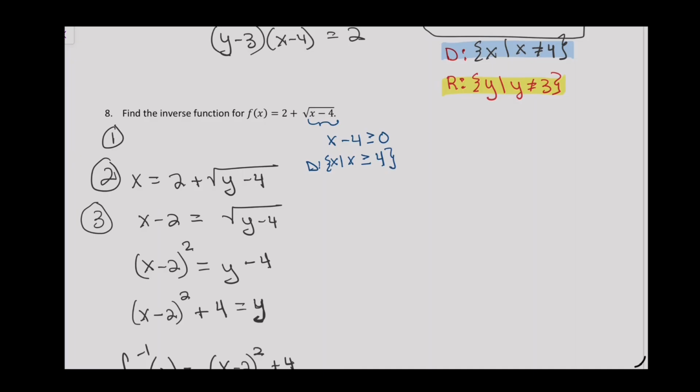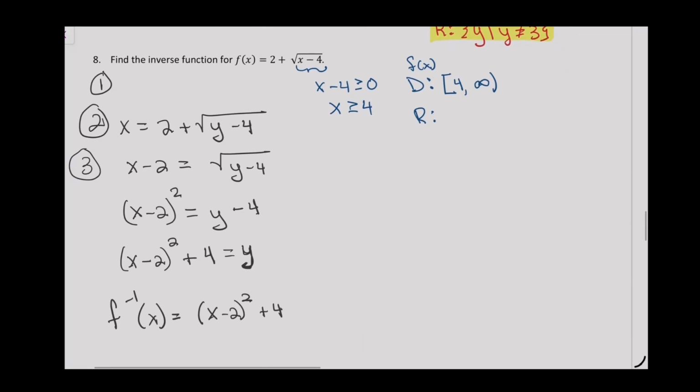And maybe I'll do interval notation. Say domain, it can be 4 and then anything larger than it. Okay? This is for the original function. We'll come back to the range here in a second.